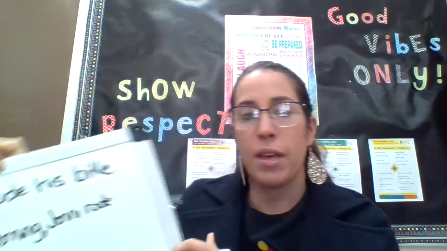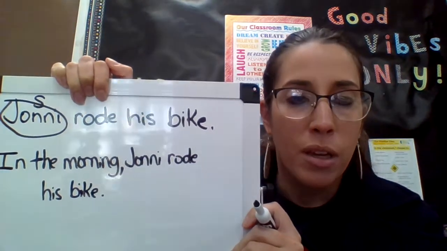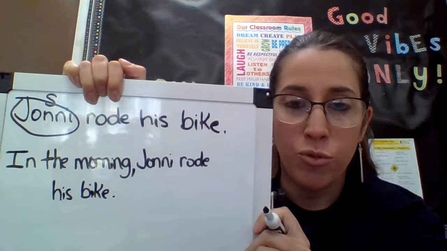So if I add some words before Johnny, in the morning, Johnny rode his bike. Let's see if I can write really small. Okay, now we have words before our subject.